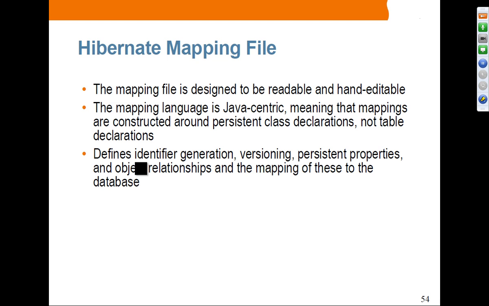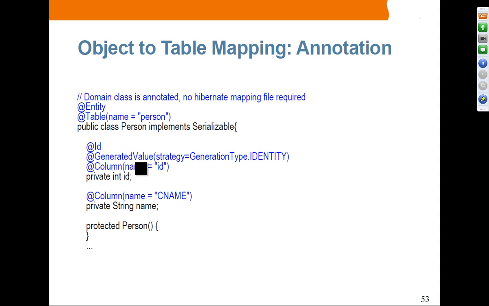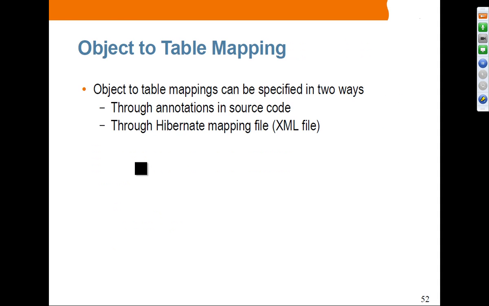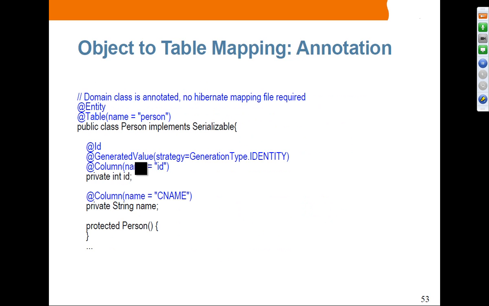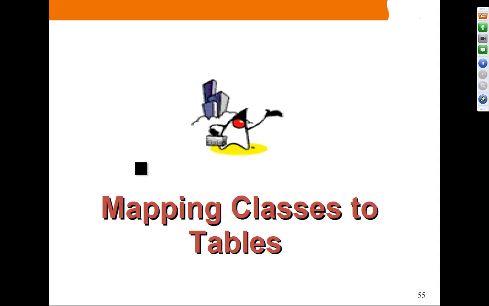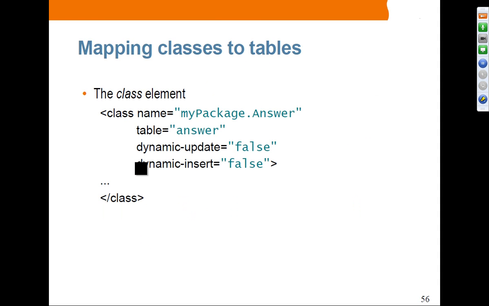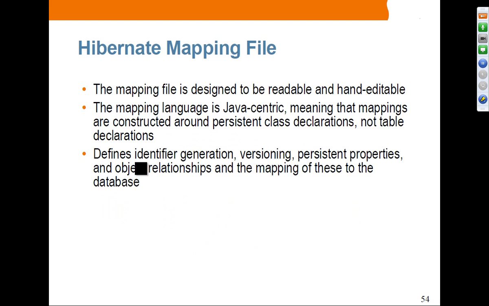So basically, you are indicating this either in the form of annotation, as in this case, or the XML file. We're going to see the example in a few minutes. You can also specify ID generation, versioning, persistent properties, object relationships, and mapping. All those things could be specified in this mapping file or again in annotation.